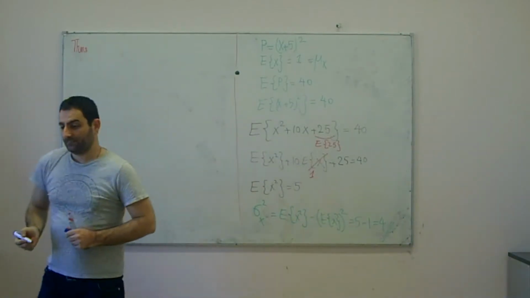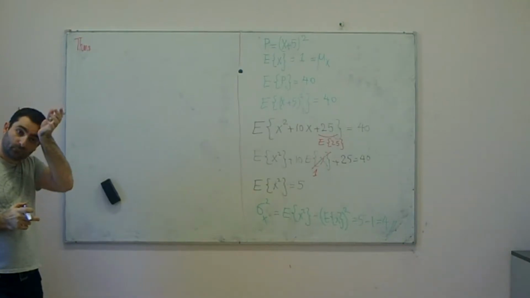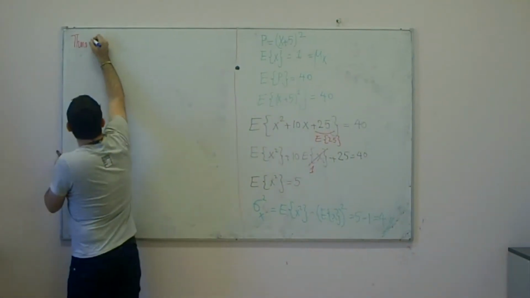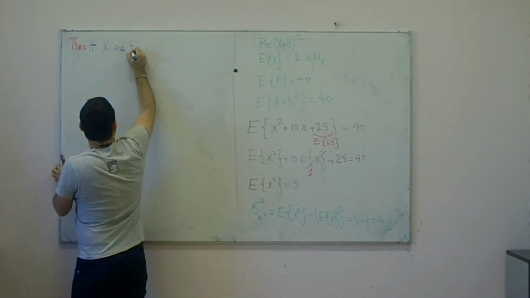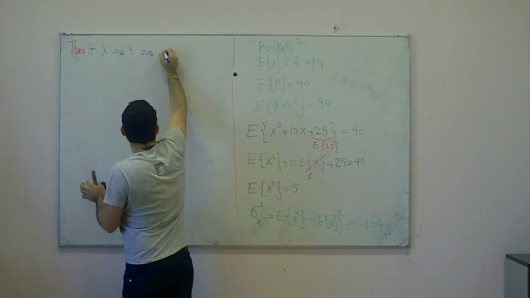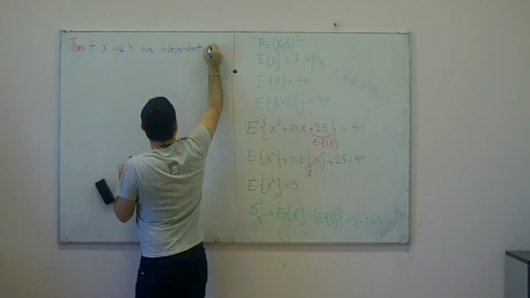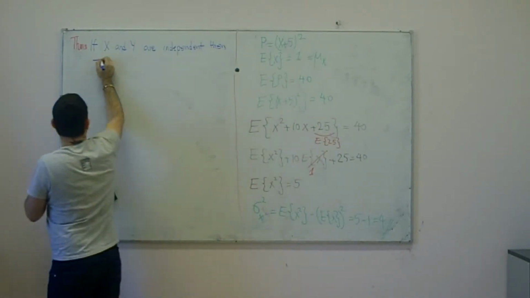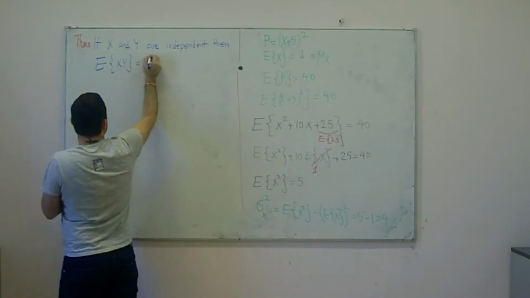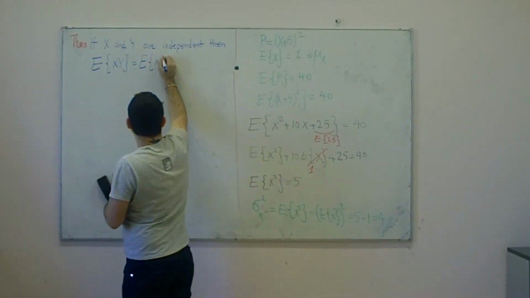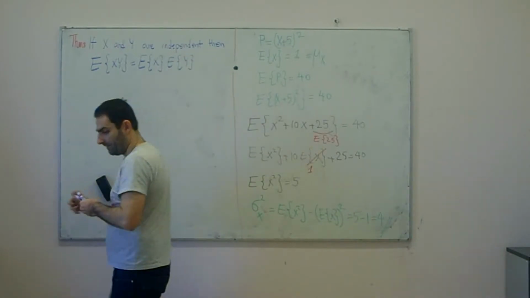If x and y are independent, then the expected value of xy is the expected value of x multiplied by the expected value of y.